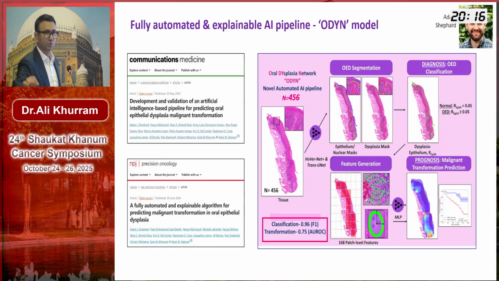You identify automatically where the dysplasia is, and the accuracy of dysplasia diagnosis is 96%. So we're making sure we're not missing dysplasia. Then after that, we can identify where in dysplasia are the areas which are predicting that malignant risk potential. And for the malignant risk, we had a transformation accuracy score of 75%.